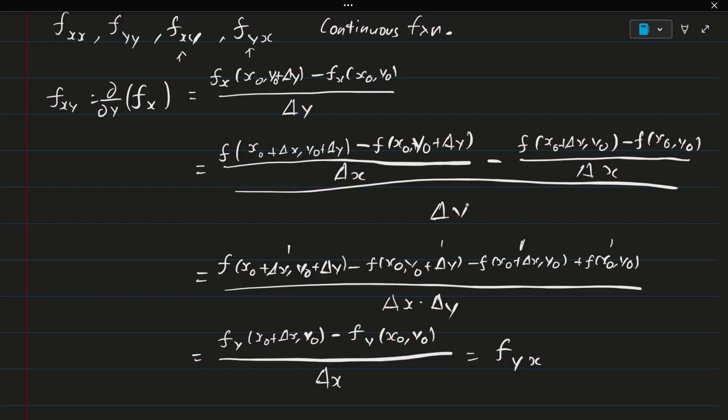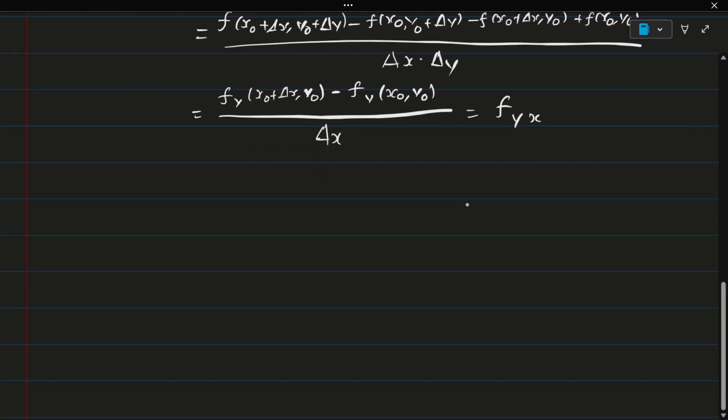With this idea, we could define the multivariable Taylor series.